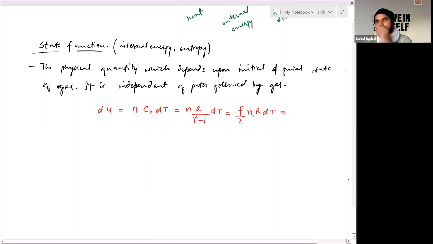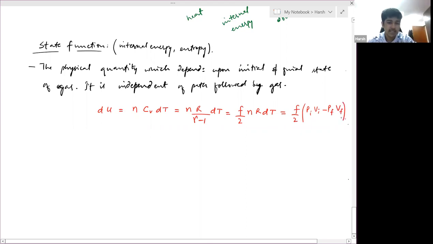You may transform nR dT as PV. So it will be f by 2 times PdV, or simply P final V final minus P initial V initial. So it will be P initial V initial minus P final V final.